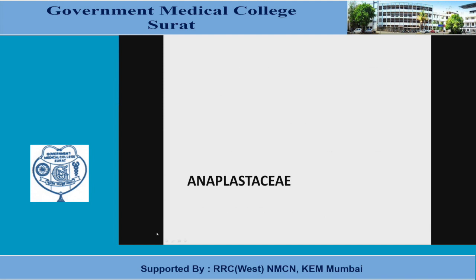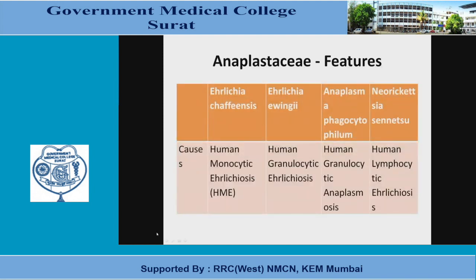Another group is the Anaplasmataceae. The main organisms of this group include Ehrlichia chaffeensis, Ehrlichia ewingii, Anaplasma phagocytophilum, and Neorickettsia sennetsu. So these are the constituents of this group. The disease caused by Ehrlichia chaffeensis is human monocytic ehrlichiosis, that is HME.